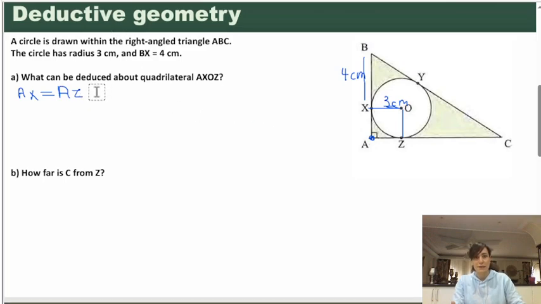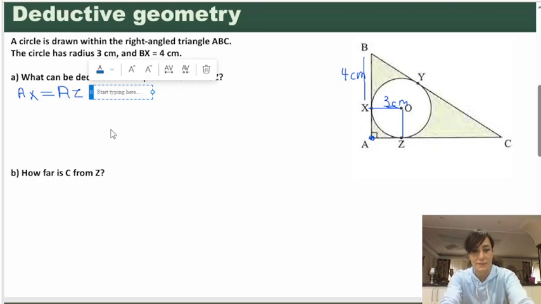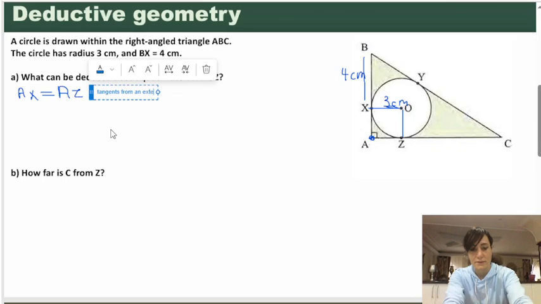Let me write here: the tangents from an external point to a circle are equal in length.